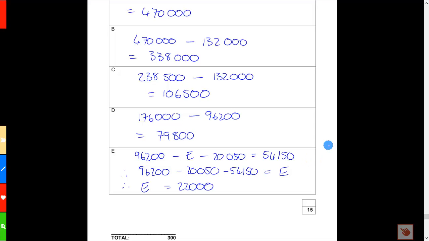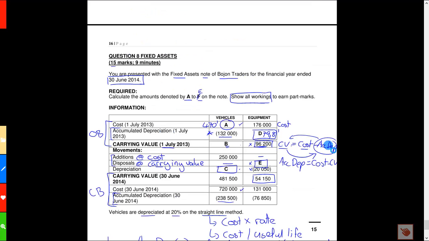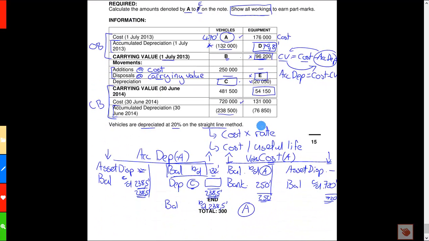Very easy. You just had to know the format of your fixed asset note. You also had to know your T accounts, which would also help. The only things that could influence the movement on the cost are additions and disposals.